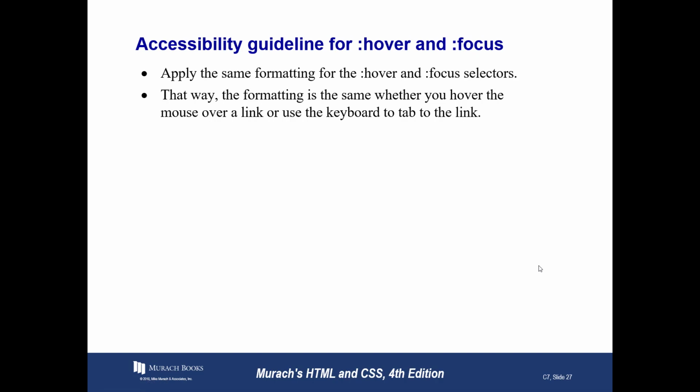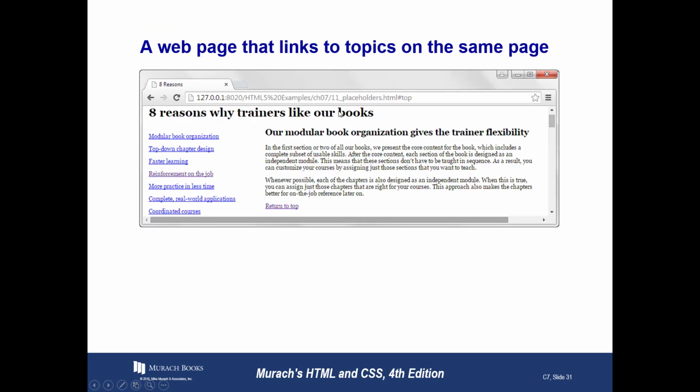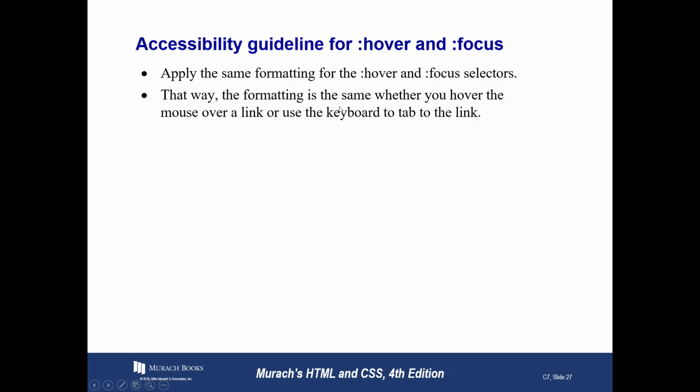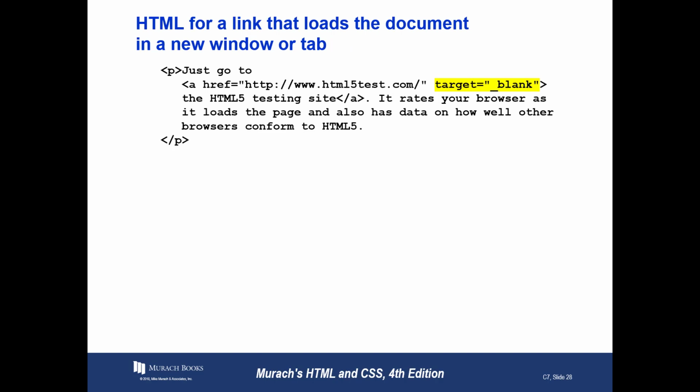Again, with accessibility guidelines, apply the same formatting for hover and focus. That way the formatting is the same whether you hover the mouse over the link or you use the keyboard to tab to a link. This stuff may not sound all that important, but you've got to always consider your audience in mass.